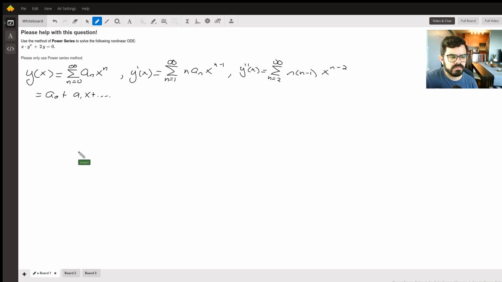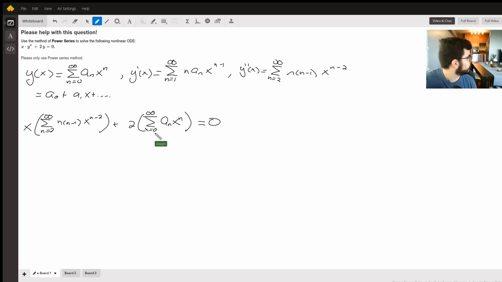Okay, now that we have the derivatives, let's try to plug them in. So we have x times the second derivative, which would be, oh, let me put the series first. We have the series here, and the other term, which would consist of the normal power series expansion.